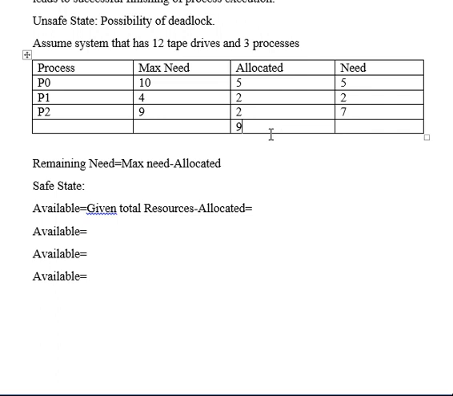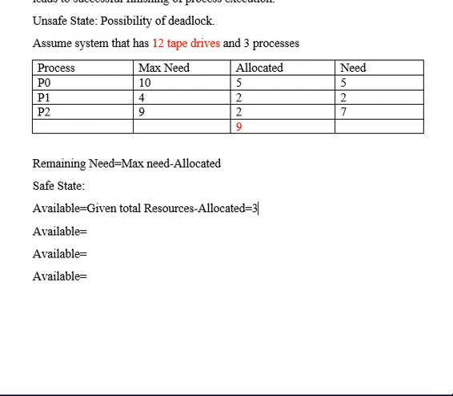If I ask you what the available tape drives for the system are, you take the given total, which is 12 tape drives, and the allocated, which we summed up as 9. So 12 minus 9, that is 3, is your available resources. We have to check if the system can still function with these 3 available resources.